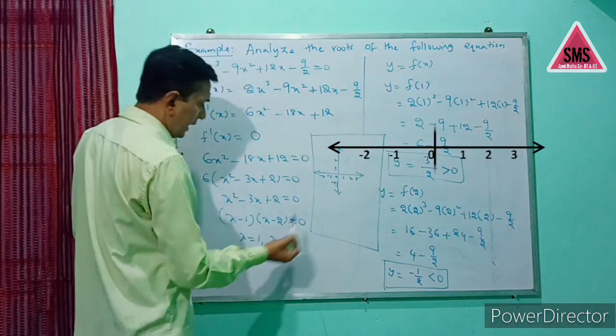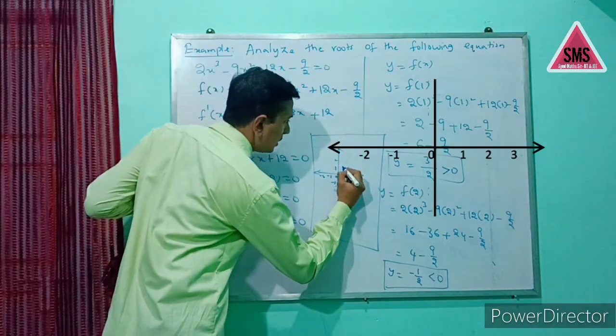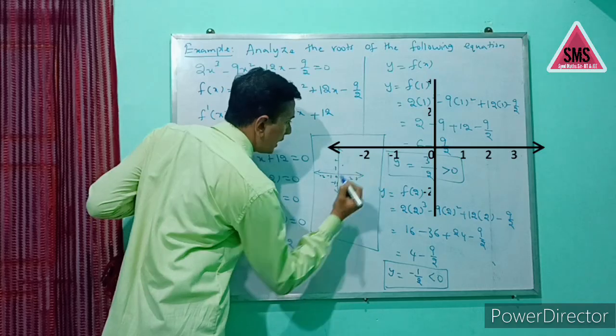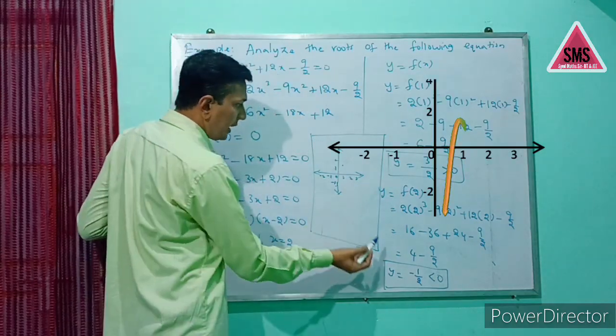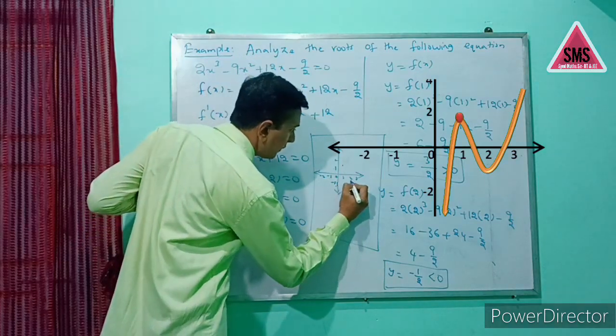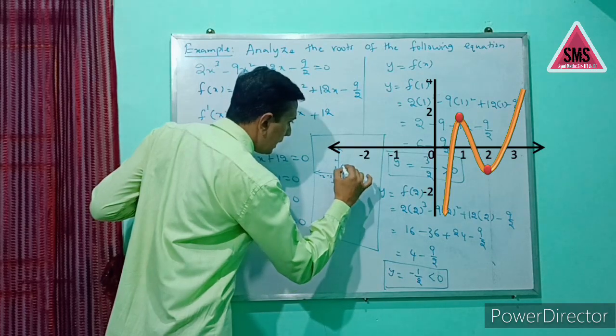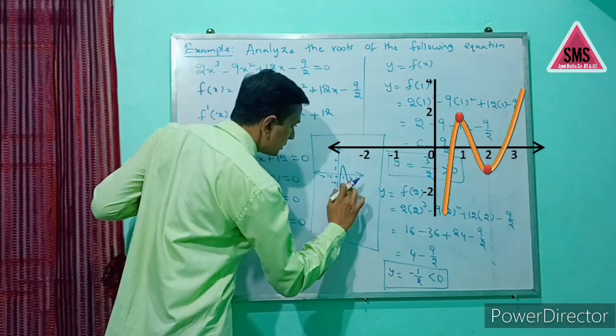Now at x equal to 1, what happened to the y value? It was reaching 3 by 2, nothing but 1.5. Again when x is equal to 2, what happened to this y value? Minus half. So that means the graph will be like this.